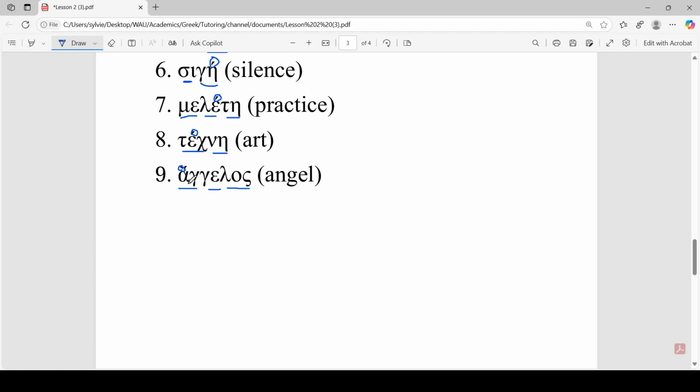The first gamma is pronounced like an N. When gamma precedes another gamma, when it precedes kappa, when it precedes chi, it is pronounced like an N. So the right pronunciation for the Greek word that means angel is angelos.